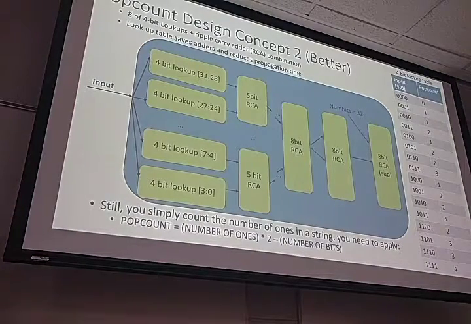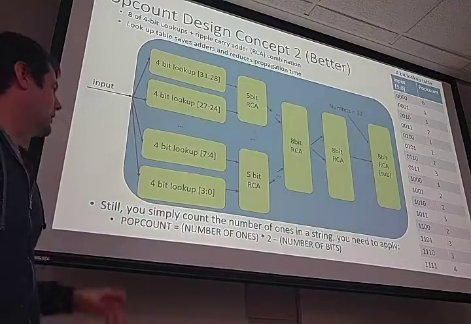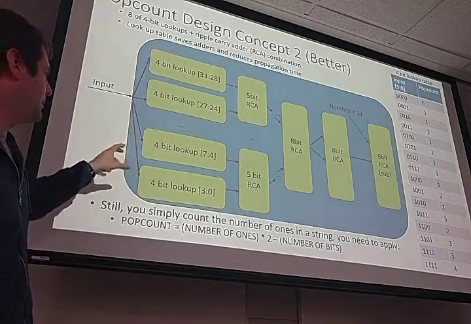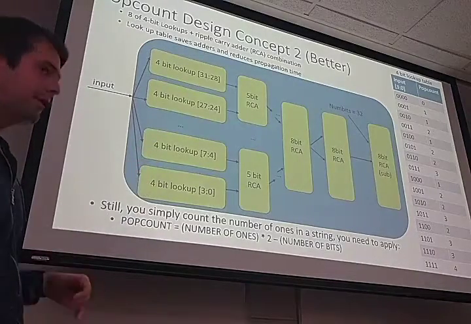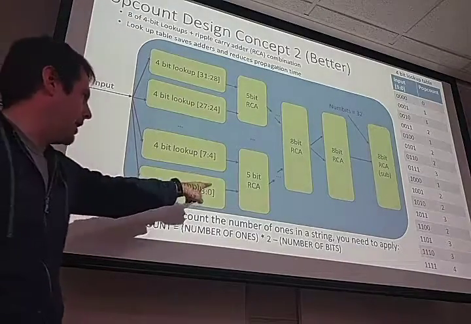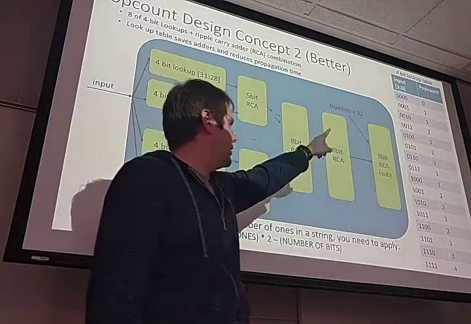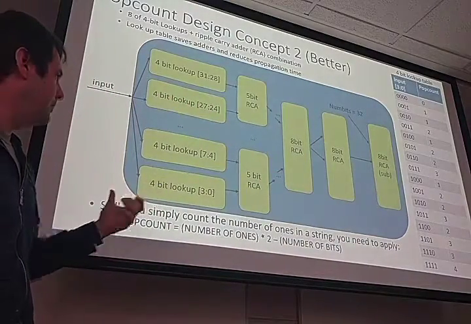The second concept we looked at was a LUT-based or lookup table-based approach. In this case, we would reduce the propagation delay by taking chunks of our 32-bit word and then applying a lookup table. The lookup table would simply look at the 4 bits, and then according to this truth table over here, spit out the number of ones within that little nibble.